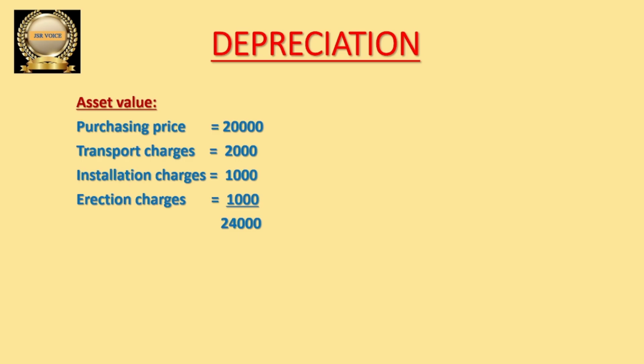If only one item is given, for example the purchasing price, take that as the asset value. If 2 are given, for example purchasing price and transport charges, you add those 2 and you will get the correct asset value. If 3 are given, you add 3. If all 4 are given, you add all 4 to get the asset value. Hope this is clear to everyone. Let us go to the next discussion.